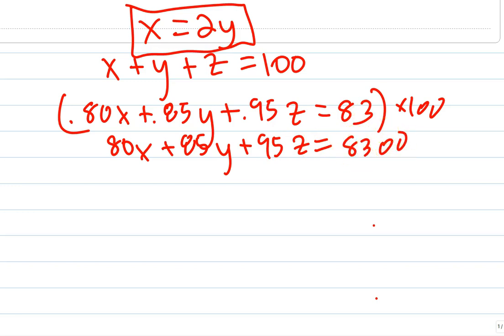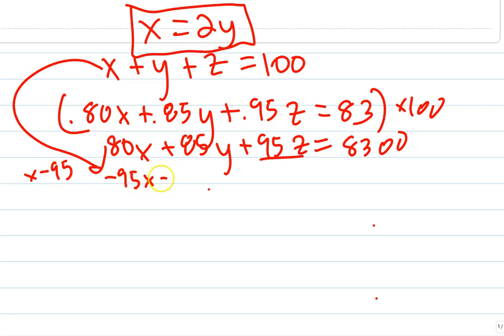Now, if I'm wanting to get rid of z, because once again, this first equation that I really like doesn't have a z, I'm going to take that top equation and multiply it times negative 95. Why? That will get rid of the z.